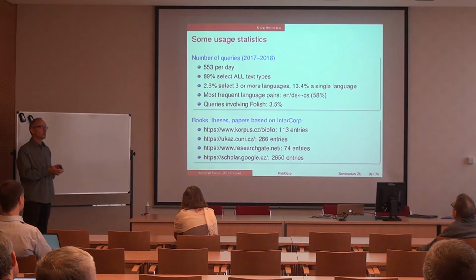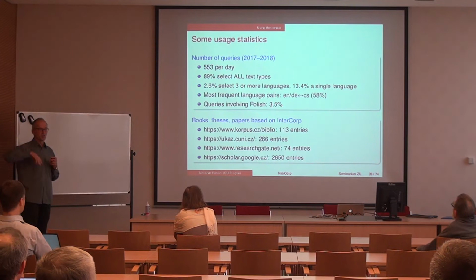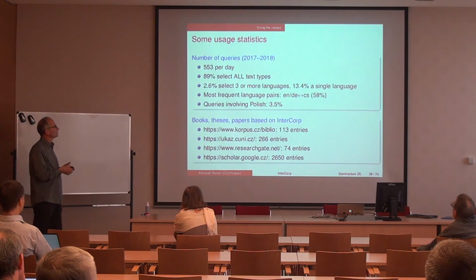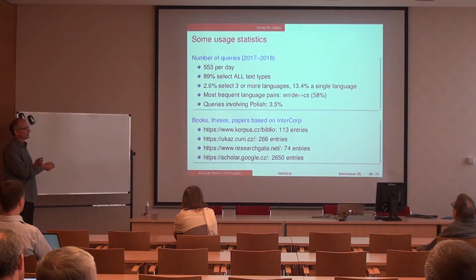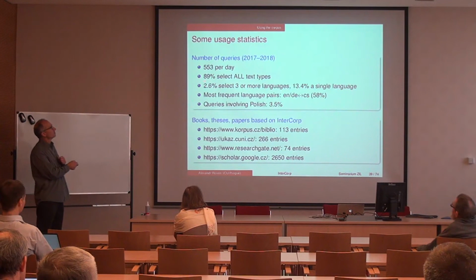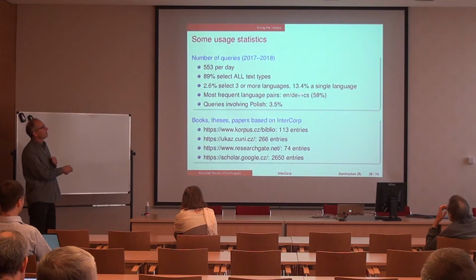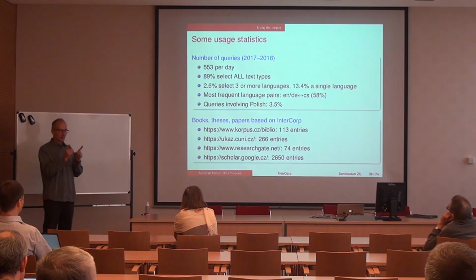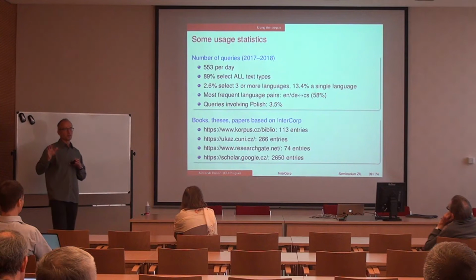It was interesting to realize that most people do not really care about the distinction between the core part and the rest. They just query and don't use the filters too much. 89% select all text types. Some people select 3 or more languages, not so many, but still, and some people query only their language, and they are not interested in the parallel text.